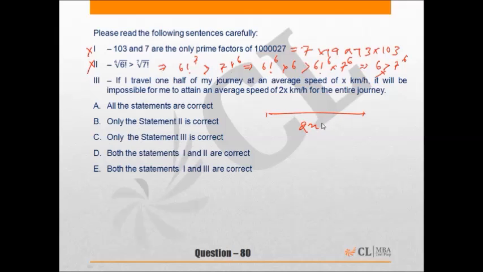So to cover x km, I'll take 1 hour, and if I want to attain an average speed of twice of x, then the total time to travel 2x at this speed will be 1 hour, which is not possible as we have already taken 1 hour, so we can't travel the rest of the distance in no time. Therefore only statement 3 is correct, and option C validates this. Therefore C is the correct answer.